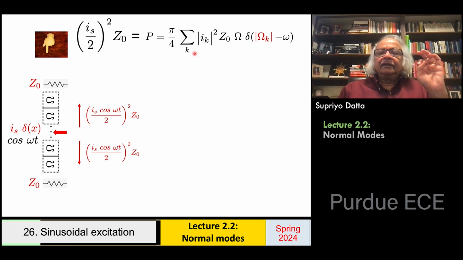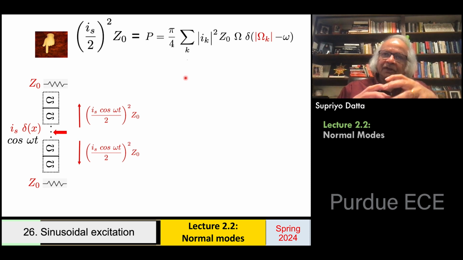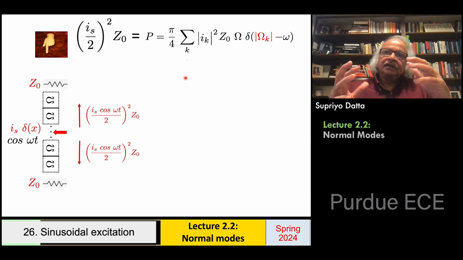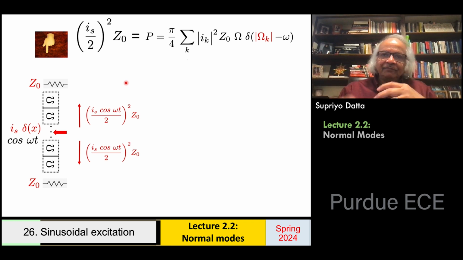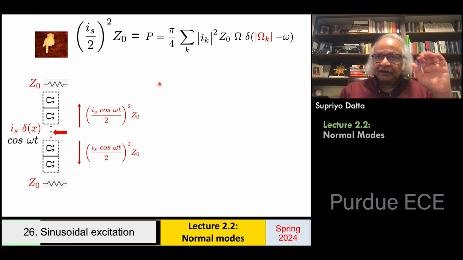But this method of normal modes is much more general and works even when you have complicated boundary conditions and the modes themselves are not as simple. It'll take you a little more work to evaluate the modes, but then you can again use this idea of normal modes, which is a very nice property of linear systems, which you have here. Because if it were nonlinear, then you cannot superpose solutions, etc. It works for linear systems, and it's a very powerful conceptual tool.